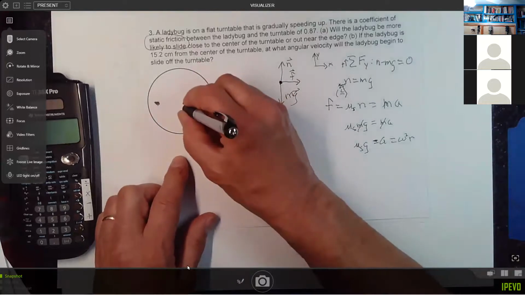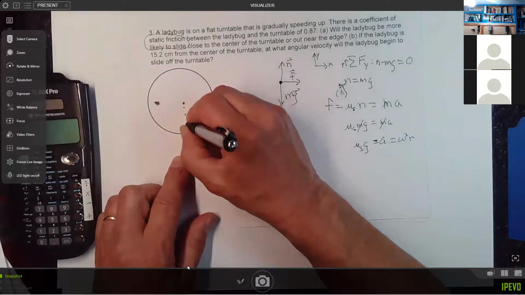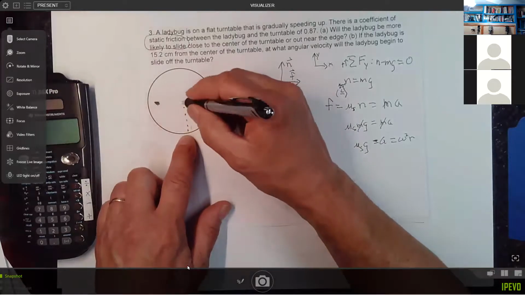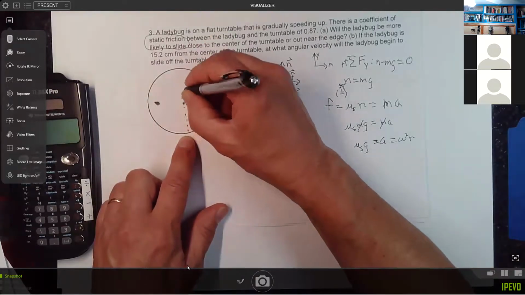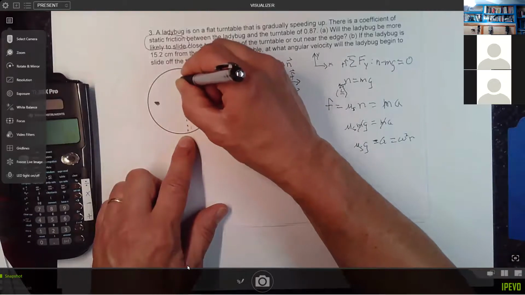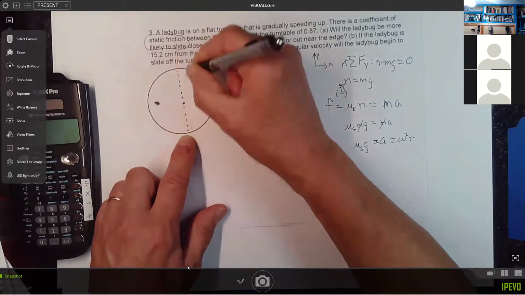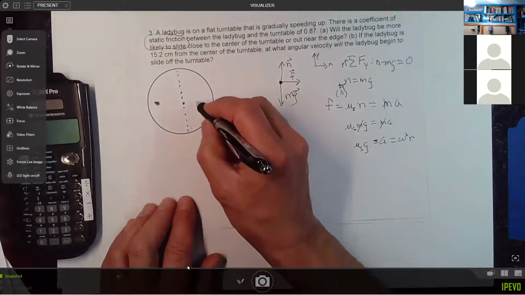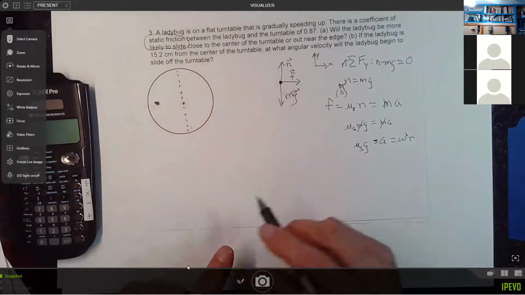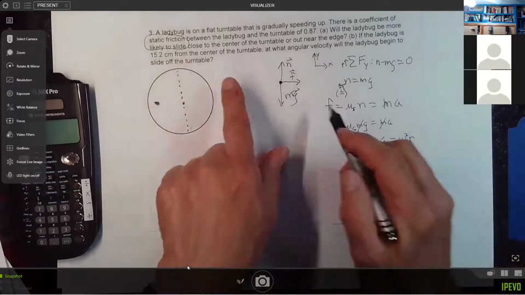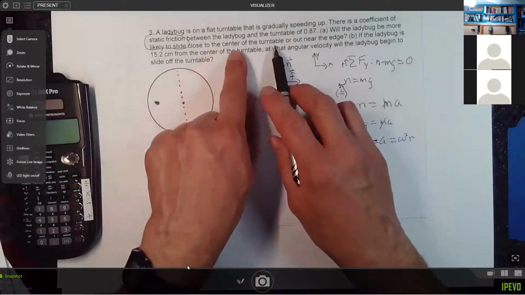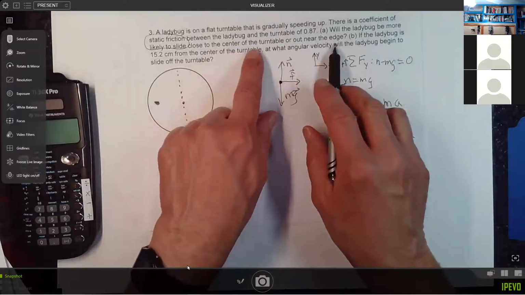If you draw a bunch of dots on the turntable so that they form a line out there, if you wait half a revolution, those dots are all going to be still lined up, pointing away from the center of the turntable. Okay, they've all turned through the same angle in the same amount of time. So the question says, will the ladybug be more likely to slide close to the center of the turntable or out near the edge?